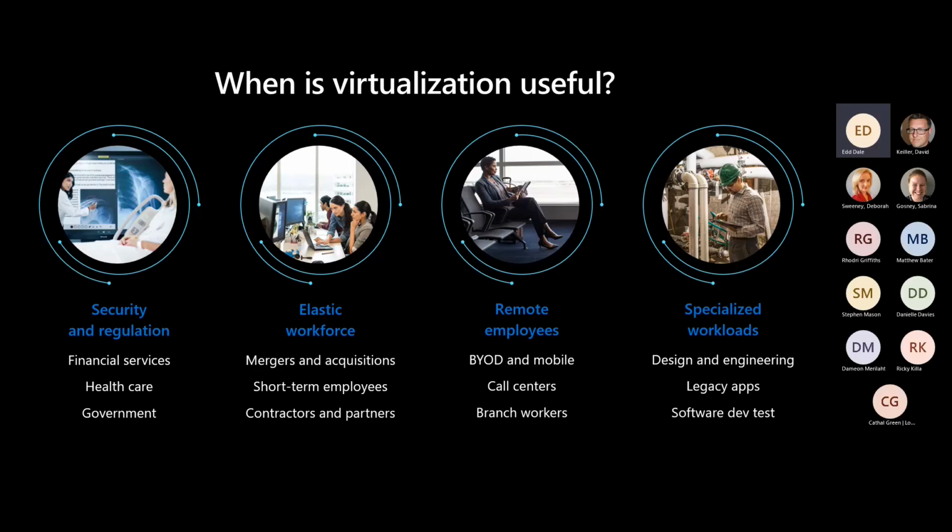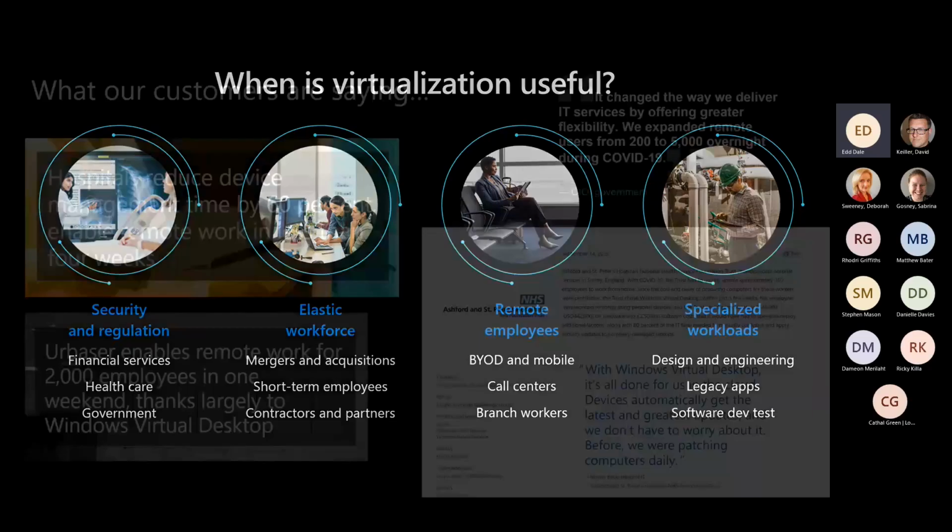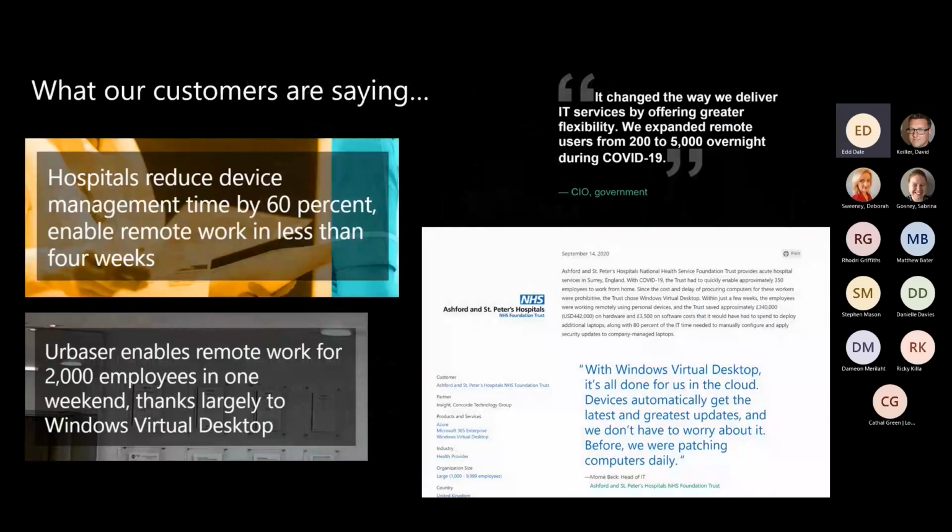Now, if you haven't done much with Azure Virtual Desktop in the past, there is actually a really useful website, and this is also good for Windows 365 as well. The website is called Microsoft Customer Stories.